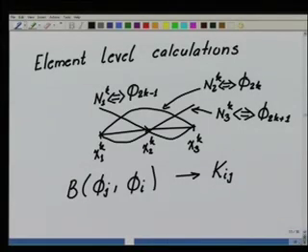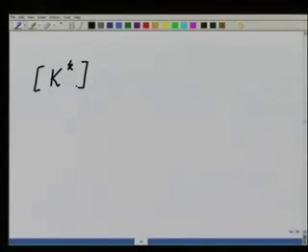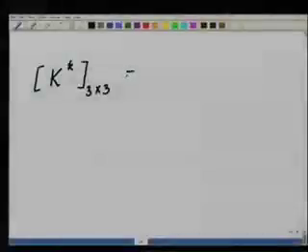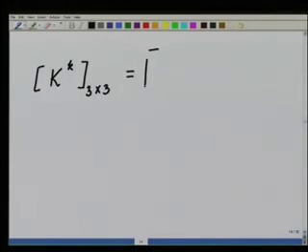So let us find these contributions. How had we found these contributions earlier? So what we are going to define now is, for this element k, the element stiffness matrix. Now what will be the size of this element stiffness matrix? Because there are now 3 n's or 3 phi's which are non-zero in the element, it will be a 3 by 3 matrix. Okay. So what will the entries be? I will write only a few entries of this.